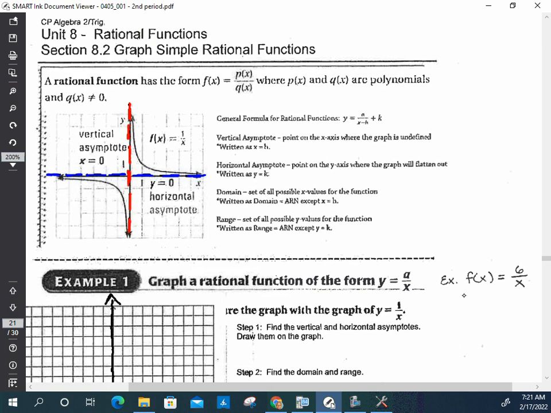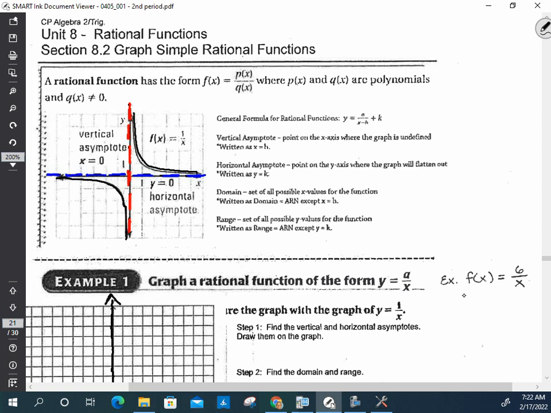The graph that you see on the left is a graph of a rational function. Notice that there are two separate curves that I'm tracing here in black. All rational functions have two separate curves to them, one on top, one on bottom.